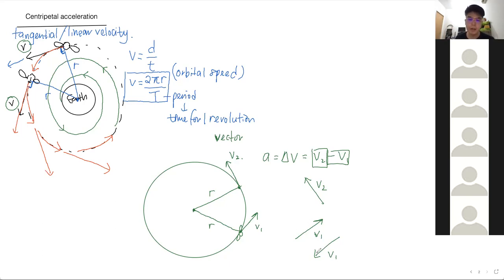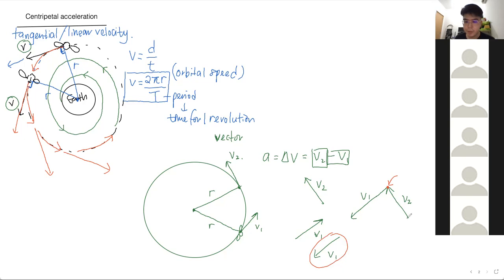Now when you add these two vectors, you get something like this: v2, the nose added to the tail, and this is v1. The nose, the tip, of the first vector is connected to the tail of the second vector, so I draw like this.